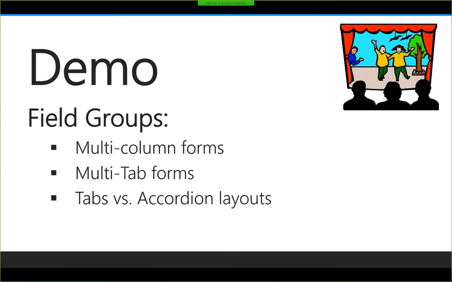Let me go back to the slides, one slide, and we're going to talk now about field groups. SharePoint is not known for being the best looking product out there, but it works, it's kind of responsive. However, the forms are very, very basic, right?